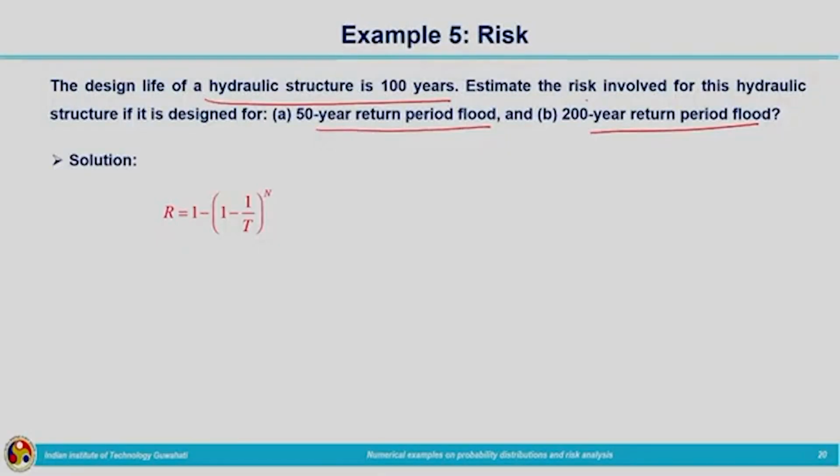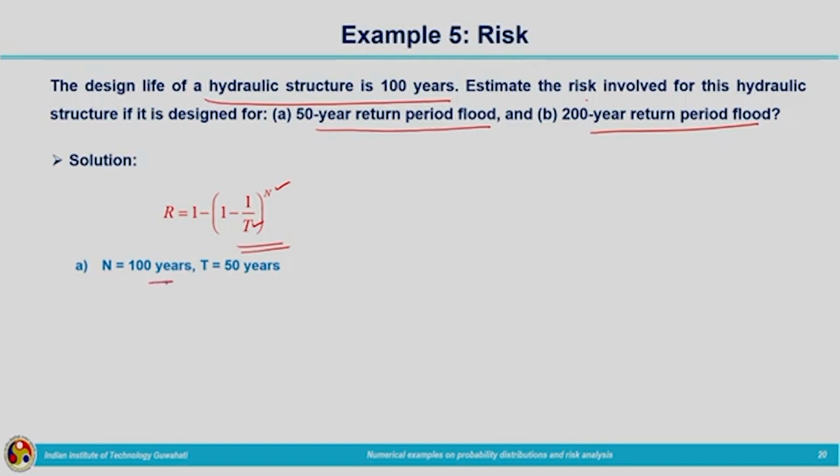How can we compute the risk? The formula which can be utilized for finding out risk, we have discussed in the previous lecture. That is given by R is equal to 1 minus (1 minus 1/T) to the power of N. T is nothing but our return period, capital N is the design life of the hydraulic structure. The design life of the structure is 100 years, only the return period is changing in both the cases.